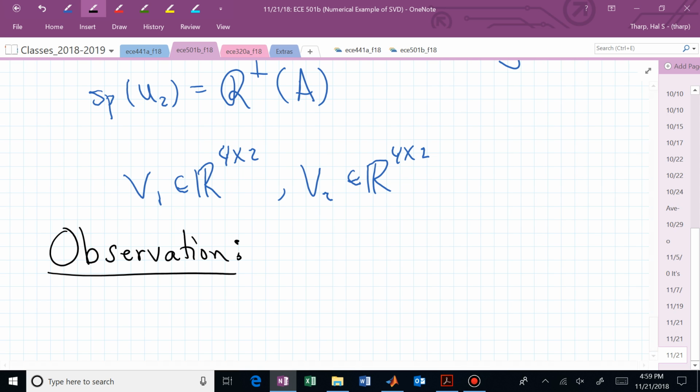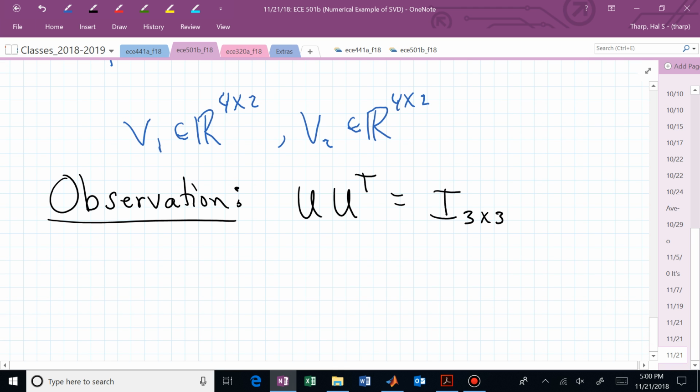U and V are built from orthonormal bases. That says that if we take U and multiply it by U transpose, we end up with the identity, which in this example is 3 by 3. If we take V and pre-multiply by V transpose, it's now 4 by 4.